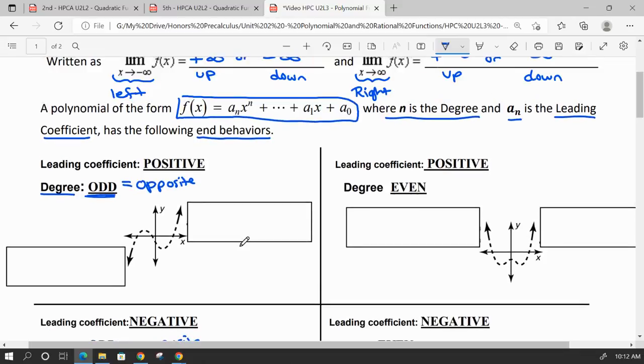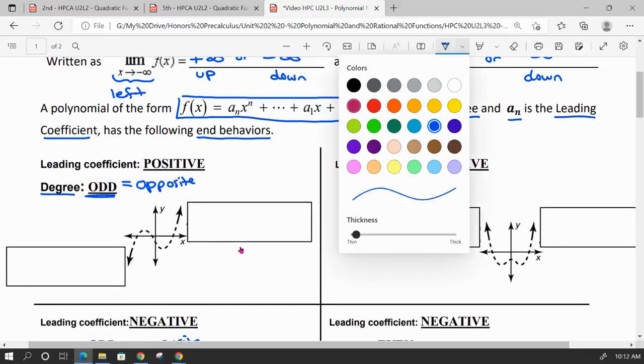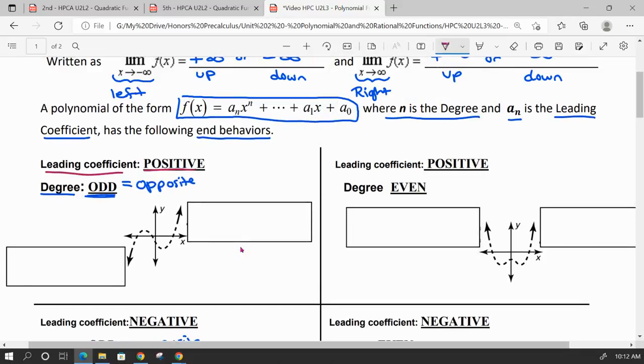If your leading coefficient is positive, then this tells you that the right side goes up. So when the leading coefficient is positive, that automatically tells you the right side of the graph goes up.